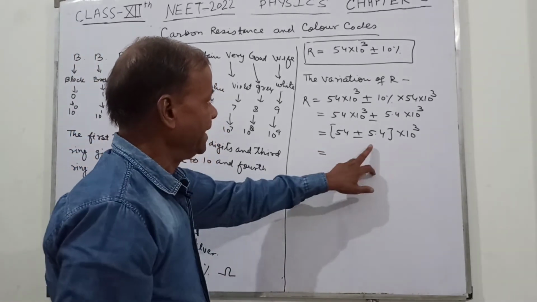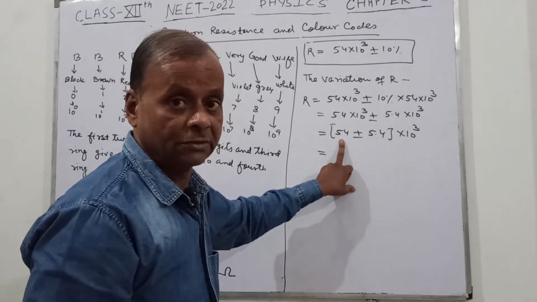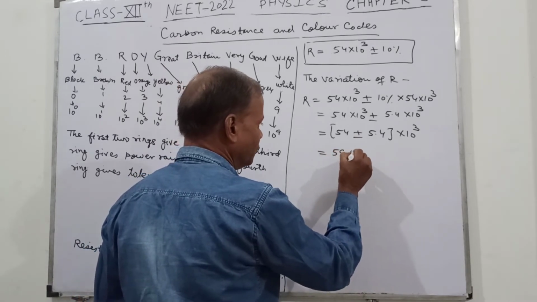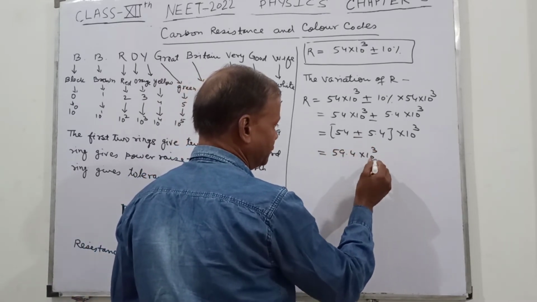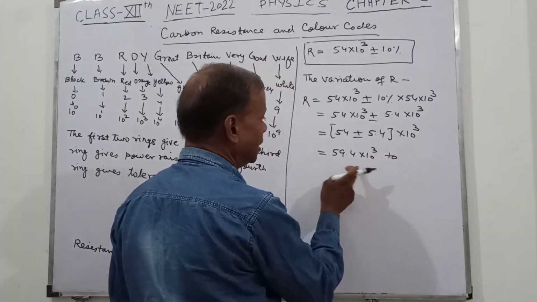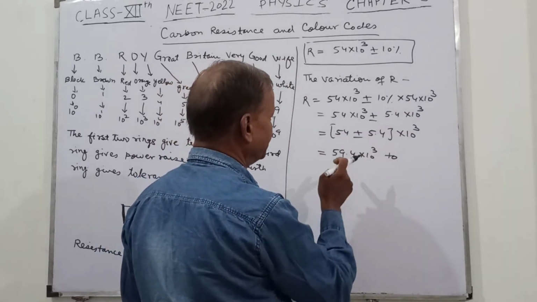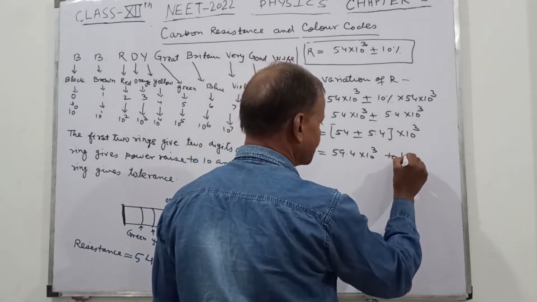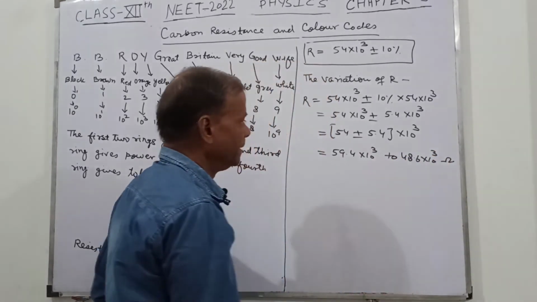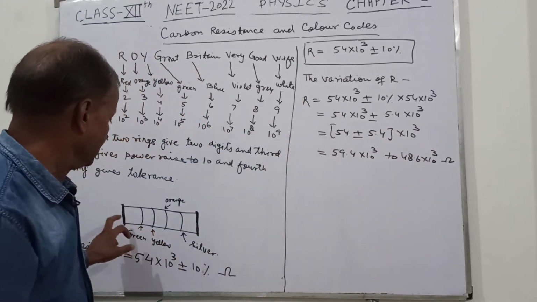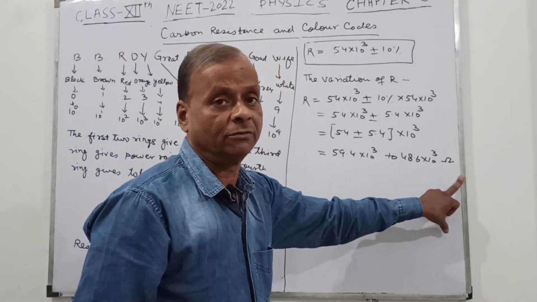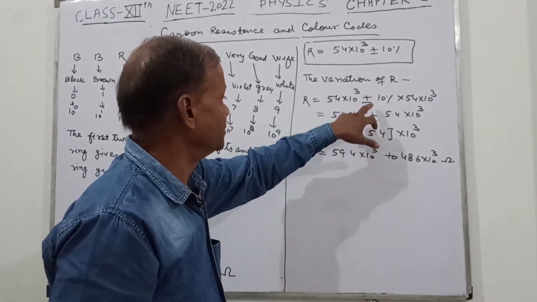You can add to this one and you can subtract from this one. If you add, you will get 59.4 into 10 raised to the power 3, and if you subtract, this is now 48.6 into 10 raised to the power 3 ohm. This means the resistance of this carbon resistor will vary from so much value to so much value. This is the meaning of plus minus 10%.